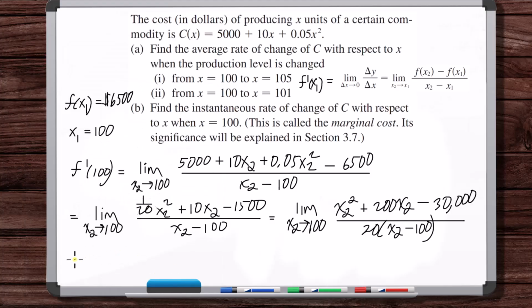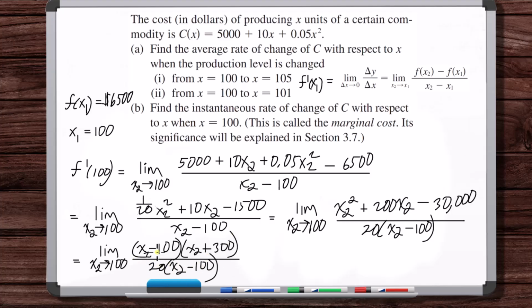So we've got X2 minus 100 and then X2 plus 300. We're left with X2 plus 300 over 20. Now as X2 approaches 100, this approaches 400 over 20.